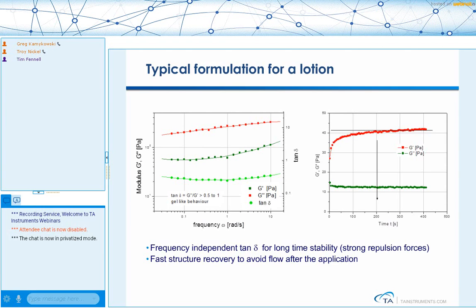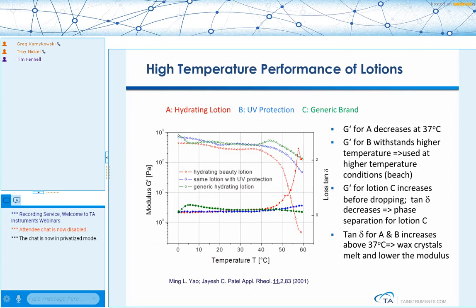Another interesting test that you can do with the lotion is to impose shear on it so that you break down your structure, then stop the flow test and do a gentle oscillation on the material to see how the structure is building as a function of time. And generally, we like that to occur quickly once the flow stops.